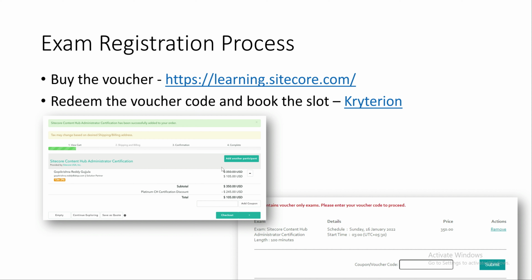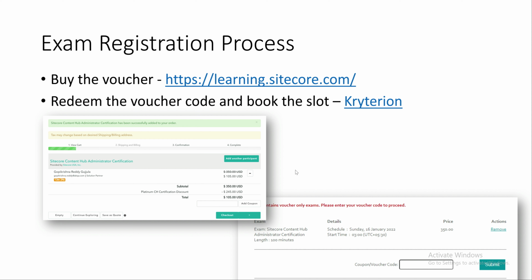You get access to the study guide, and access to some 10 practice questions so that you can prepare. And the third thing is you get a voucher code. You take that code and redeem it at the Criterion website.